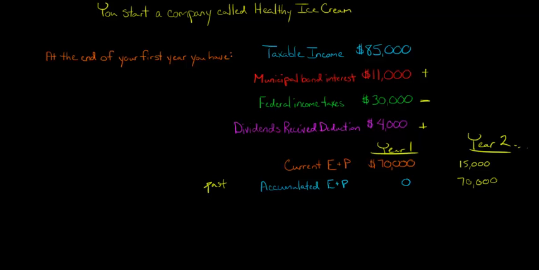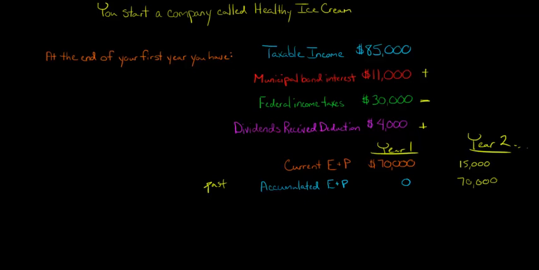Now you might be wondering, why do we care what's current and what's accumulated? Why don't we just have one big account? Why don't we just put it all together and say, for example, it's 85,000? Why do we care? That's an excellent question.